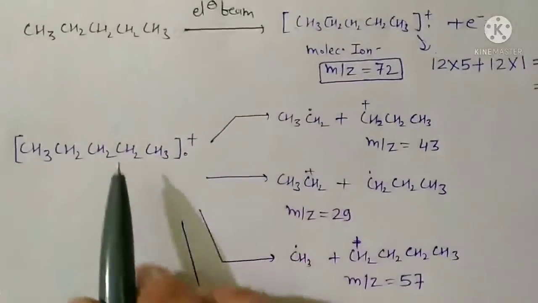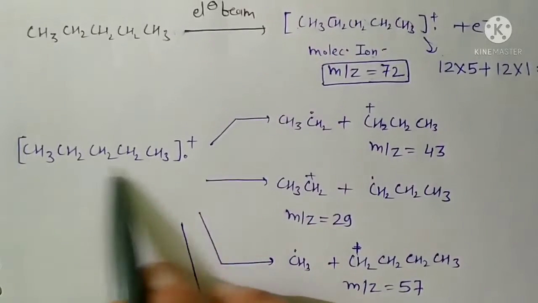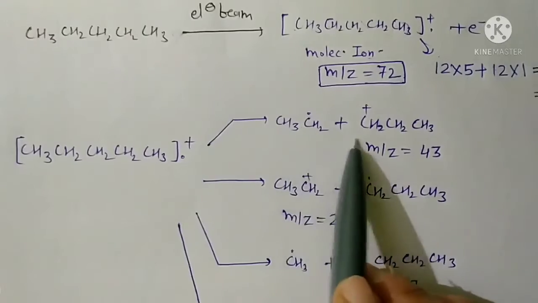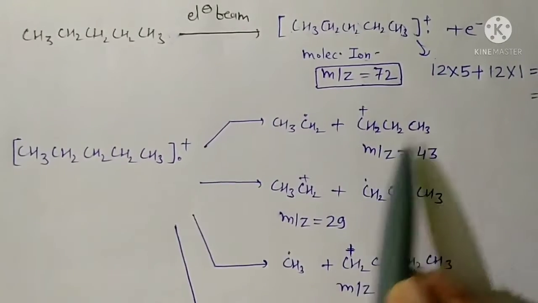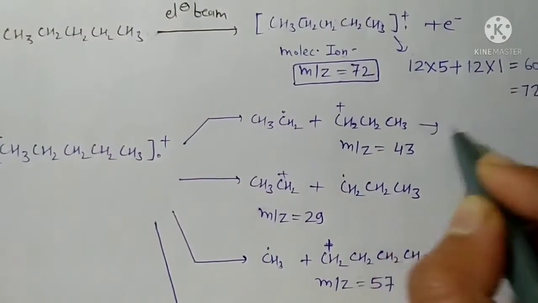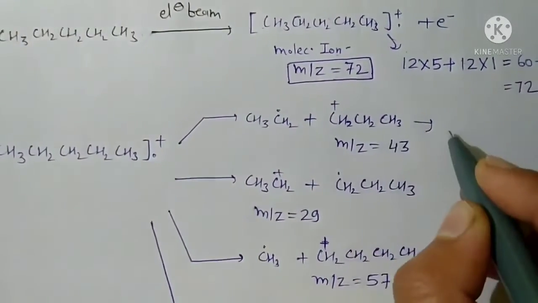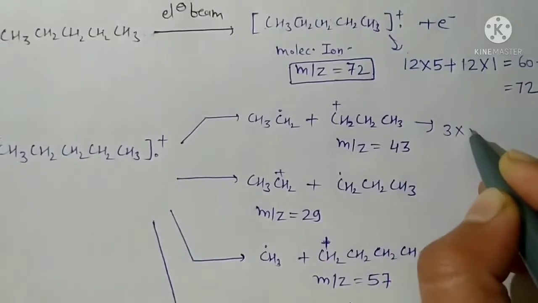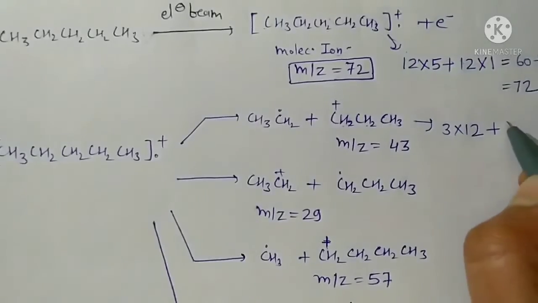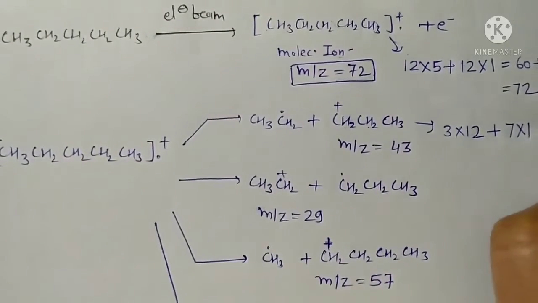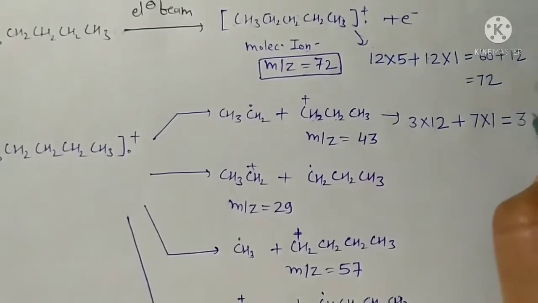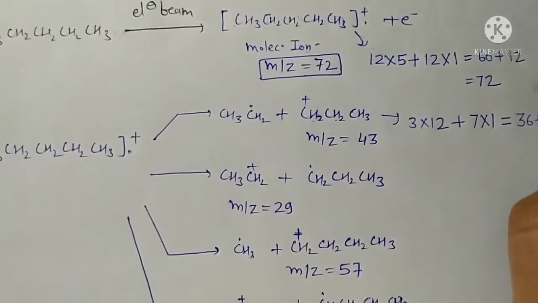Now these are some other fragments of pentane ions. This is CH3 CH2 radical and produces CH2 CH2 CH3. The m/z value is 43 for this, because this has 3 carbons, so 3 into the mass of carbon 12, plus 7 hydrogens, so 7 into the mass of hydrogen 1. 12 threes are 36 plus 7.